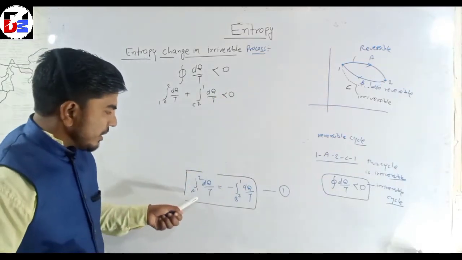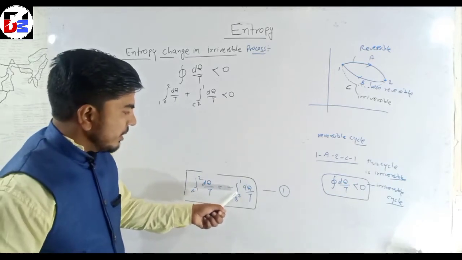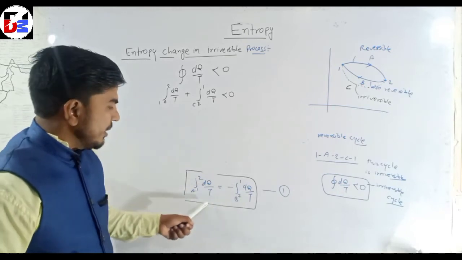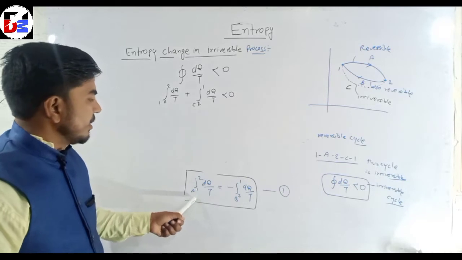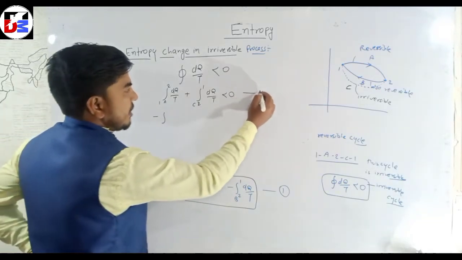We can see here the integral from 1 to 2 of dQ/T is equal to minus the integral from 2 to 1 along path B of dQ/T. We replace the value of this term with minus. This is equation 2.